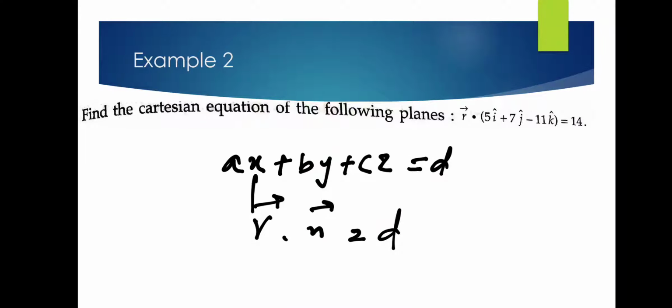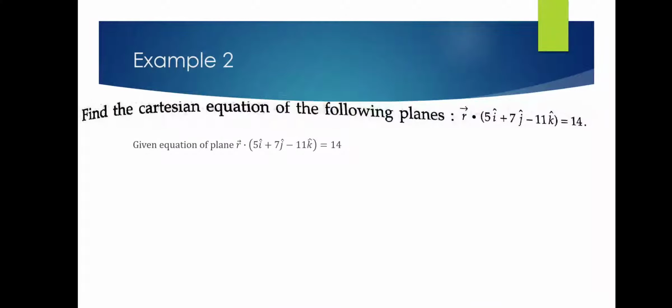So this x, y, z comes here, this a, b, and c comes here. Fine. So therefore, just following the analogy, you can find the equation of the plane in the Cartesian form. So this is what is given, and from here r is x, y, z and your 5, 7 and minus 11, these are the n vector. So therefore from there I can say that the Cartesian equation is 5x plus 7y minus 11z equals to 14.